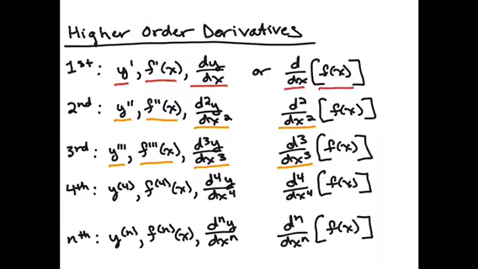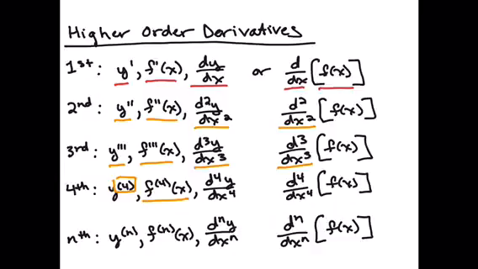So once we get to the fourth derivative, we write it as y to the fourth in parentheses. Those parentheses tell me it means derivative. Without the parentheses, it would just be a y to the fourth term. F to the fourth in parentheses of x means the fourth derivative.